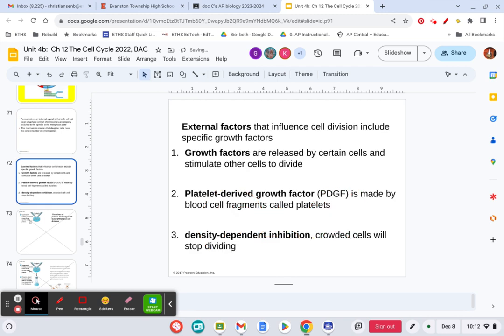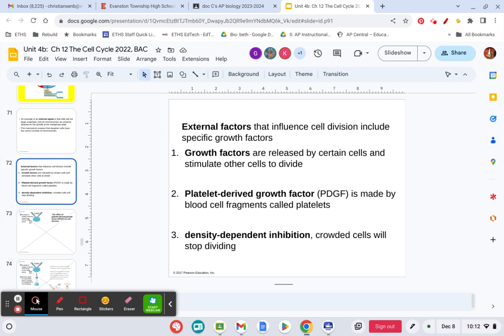There are specific external factors that can tell the cell, and these are not really environmental things. Well, they're sort of environmental, but they're still within the body. So now we're talking about mammals and animals, us. External factors that can influence the cell's decision to divide. One is growth factors.